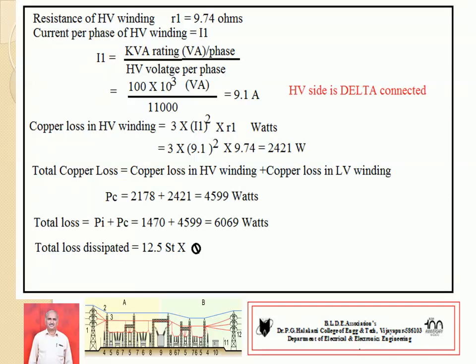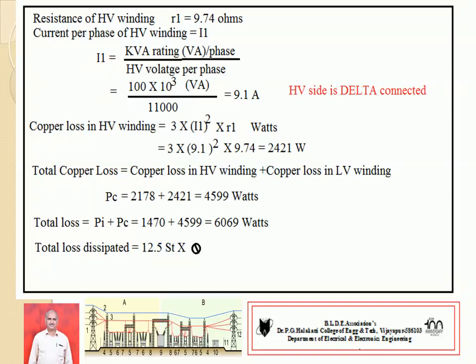Then similarly, resistance of HV winding R1 equals 9.74 ohms. Then current per phase of HV winding is I1. I1 equals again kVA rating in volt ampere per phase divided by HV voltage per phase. So again it becomes 100 into 10 to the power of 3 volt ampere per phase.